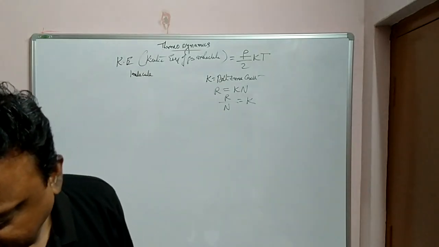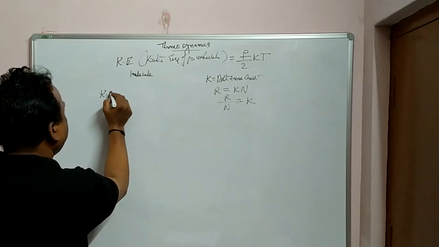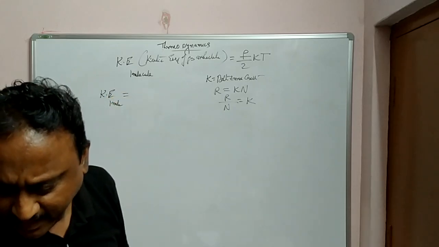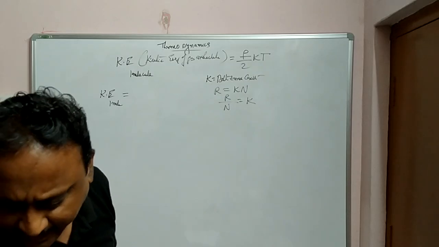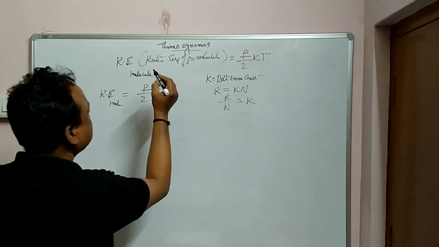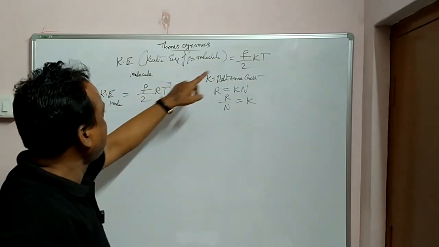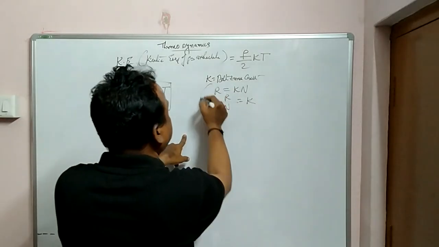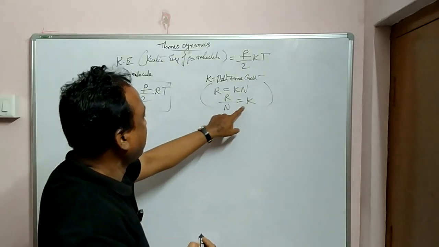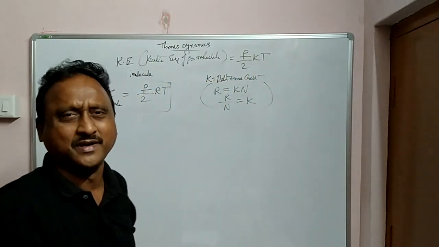In the same fashion, if they ask for the kinetic energy for 1 mole, then in the place of kT, I'll write F by 2 RT. Again, F is the degree of freedom, R is the gas constant, because we have already converted: R by N is equal to K. Instead of K, we put R by N, where N is the Avogadro number.